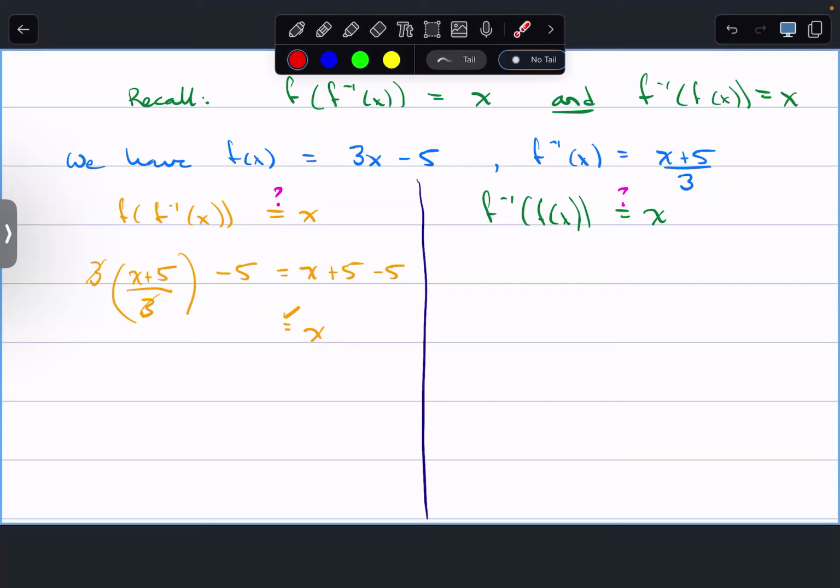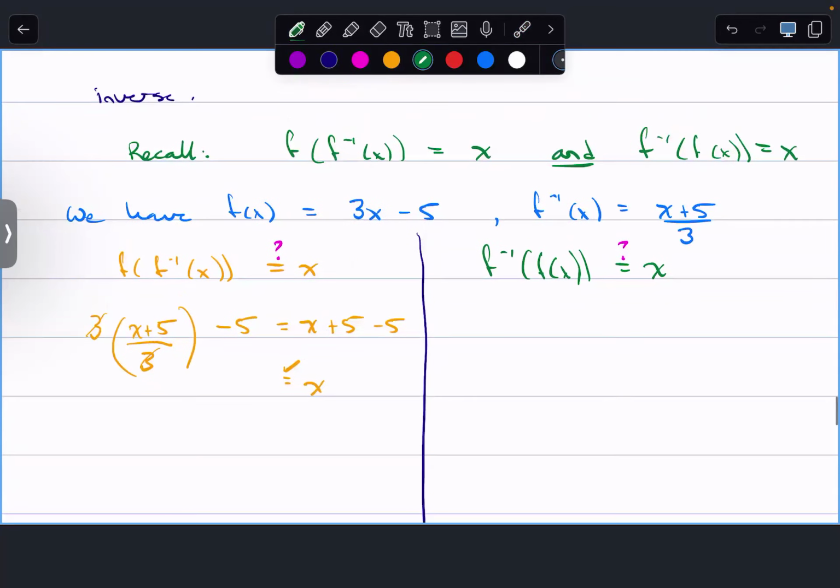Okay? We'll do the same thing, but with the reverse stuffing. So now, wherever I see an x here, I'm going to use f of x as my input, right? And so I have 3x minus 5 as one thing, plus 5 divided by 3.